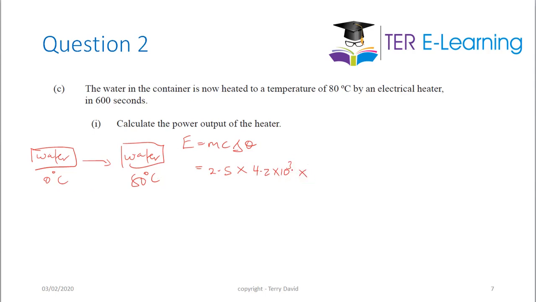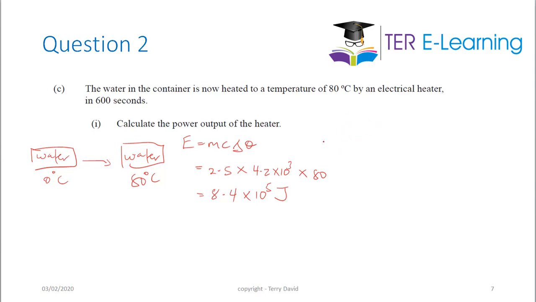I'm going from 0 degrees to 80 degrees, so my change in temperature is 80 degrees. So that is 8.4 by 10 to the 5 joules. That's the amount of energy required to increase the temperature of the water from 0 to 80 degrees.